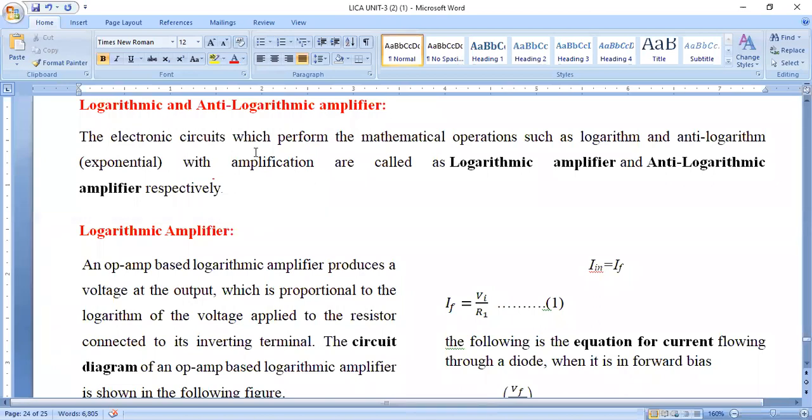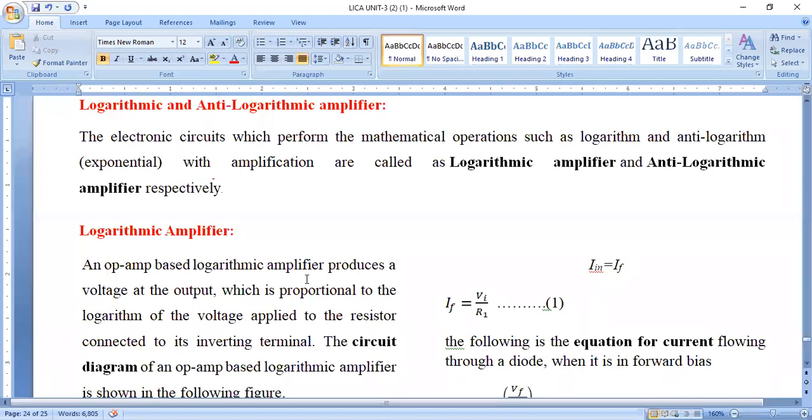They are also used in performing mathematical operations like divisions, multiplications, square root calculations, power extractions, and true RMS conversions.